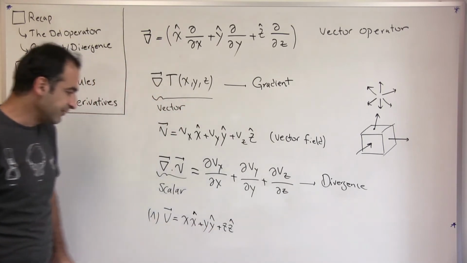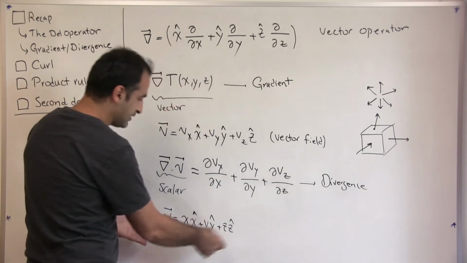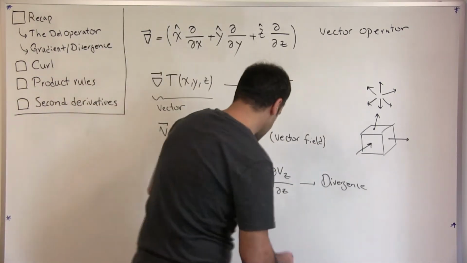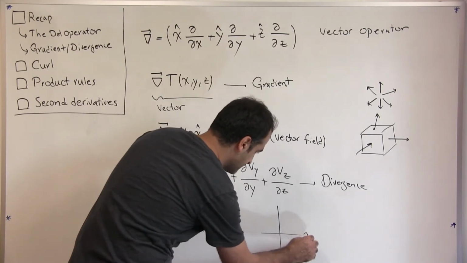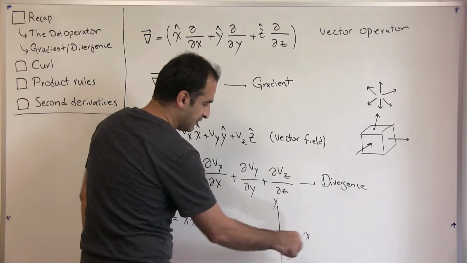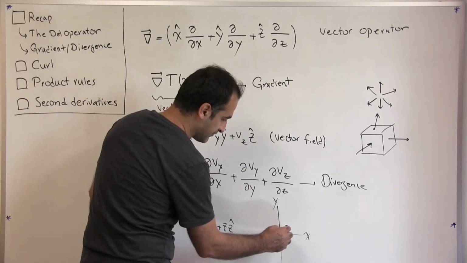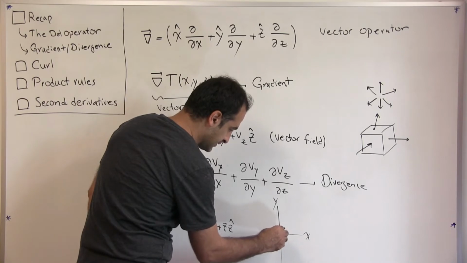Okay, so if you have a field like this, if you want to picture this, it's going to be like something like that. If you look at the x, y plane, you're going to get vectors like this. Not right here, but like this.